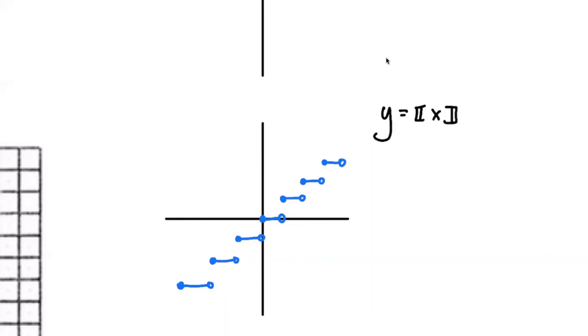So for example, if I have the step function of 1.5, it will go back to the previous integer, which is 1. If I have a number that's negative 3.4, okay, I just came up with these random numbers, negative 3.4, it will go to the previous integer, which is negative 4.